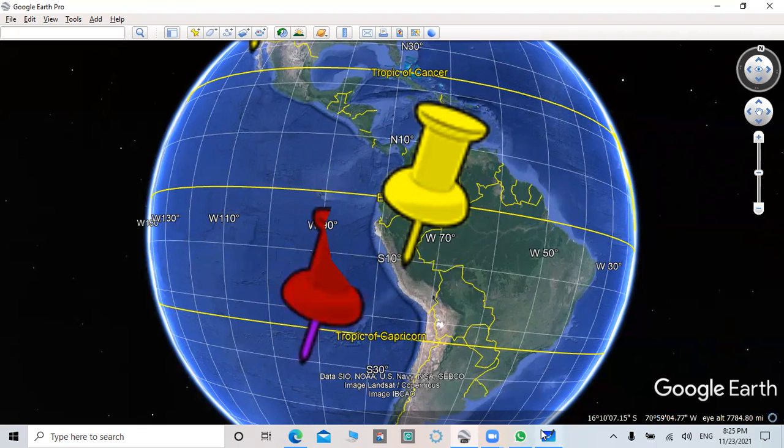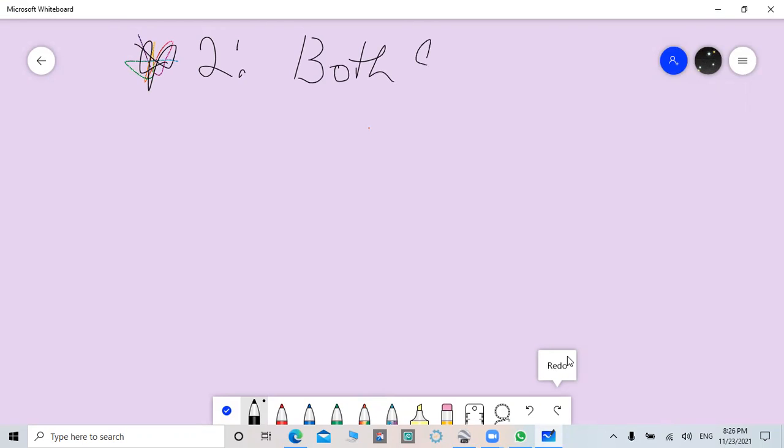So when you have both south, this is scenario number 2. Scenario number 2 is both south, which means both locations are south.